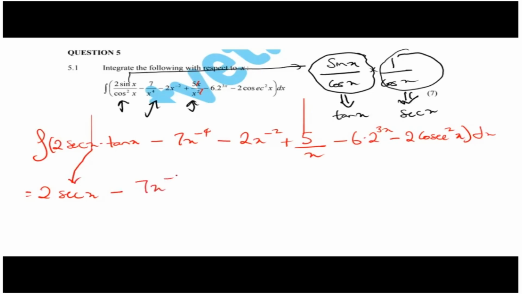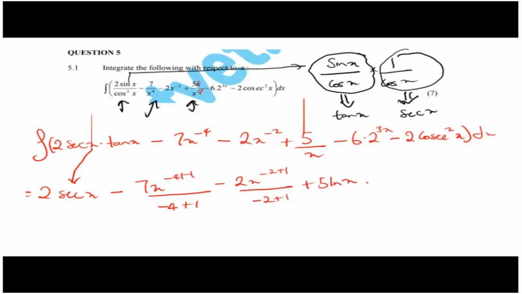We say minus 4 plus 1 over minus 4 plus 1. All right. Then how do we integrate the next term? This is minus 2 plus 1 over minus 2 plus 1. Then how do we integrate this? This is 5 ln x.